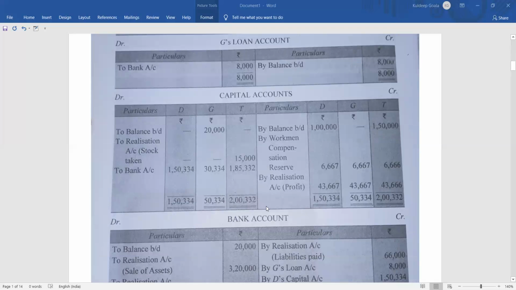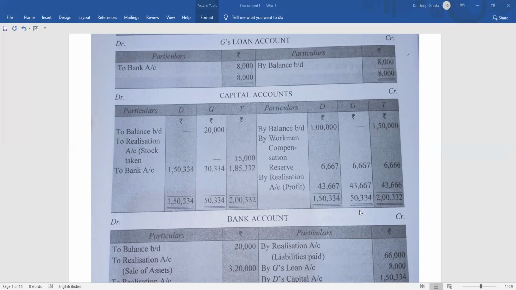There are no other items, so we'll do the balancing of both the sides. How will you balance it? One by one. In case of D, see the total of debit and credit side. Credit side it is 1,50,334, and there is nothing in the debit side. So the total of 1,50,334 will be paid to D, to bank account. Clear? And in case of G, what is happening?